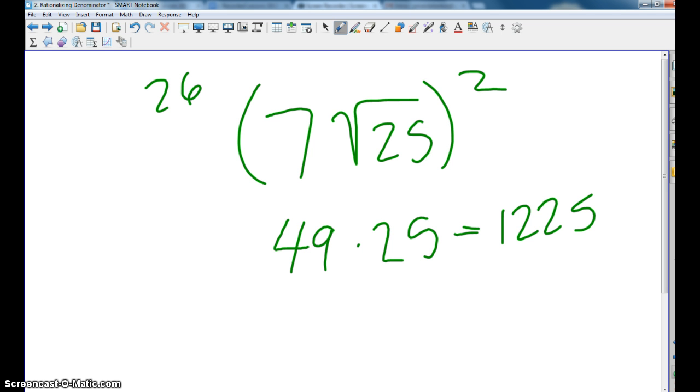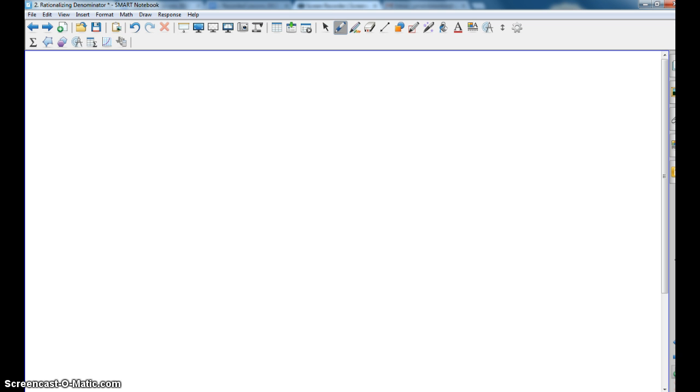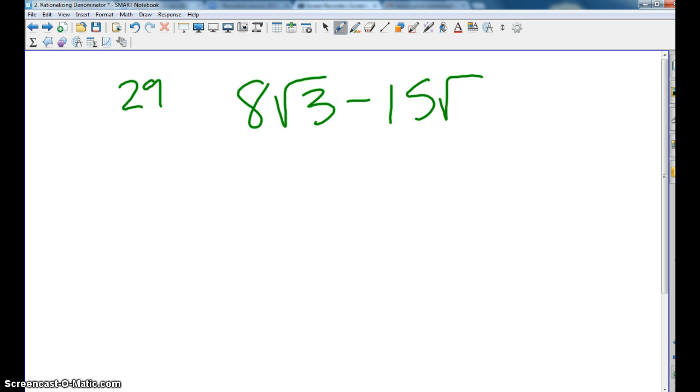All right, 29. Let's do 29 together. 8 root 3 minus 15 root 3 plus 2 root 6. What I would check first is, can any of those be simplified? Are there any perfect squares in those radicals? You would think 6, because it's an even number, but 6 is 2 times 3. Are there any pairs?